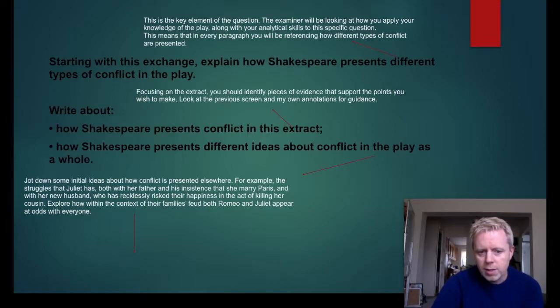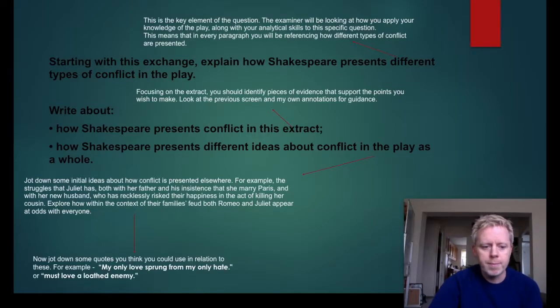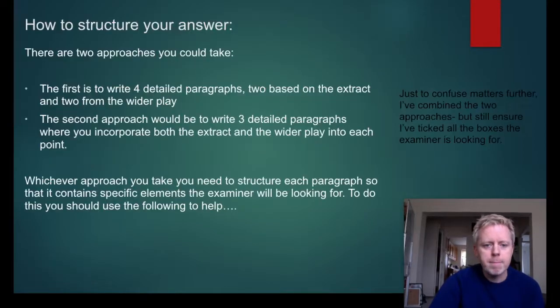Explore how, within the context of their family's feud, both Romeo and Juliet appear at odds with everyone. Now jot down some quotes you think you could use in relation to these. For example, "my only love sprung from my only hate," or "must love a loathed enemy." Okay, it's all about conflict, and the language there is full of language of conflict.